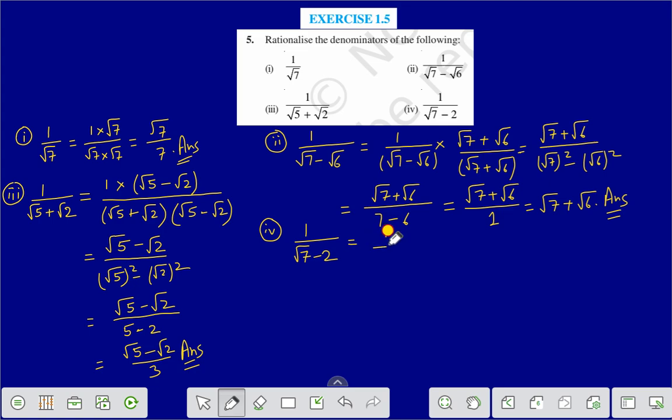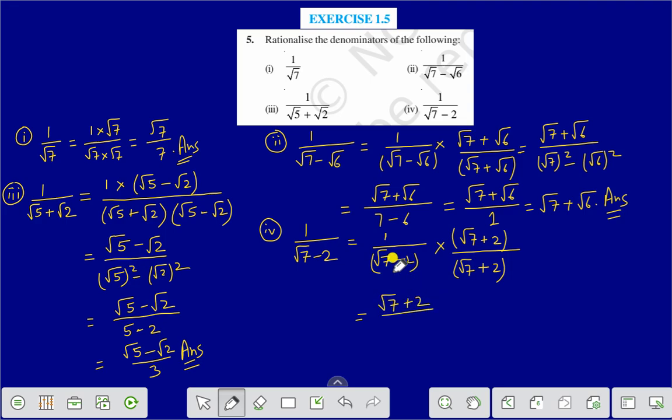That is 1 by root 7 minus 2 into root 7 plus 2, divided by root 7 plus 2. And we are getting root 7 plus 2.